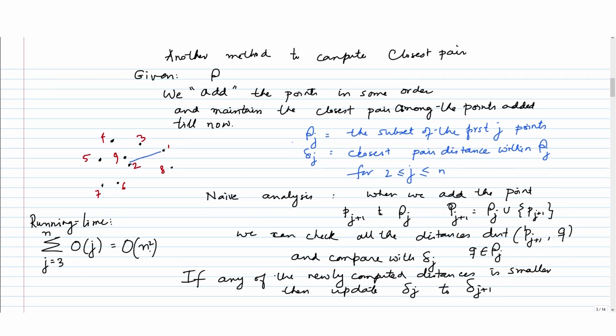Again it is 3 plus 4 plus 5 plus 6 all the way to n, and that is about order n square. So we are back to square one.